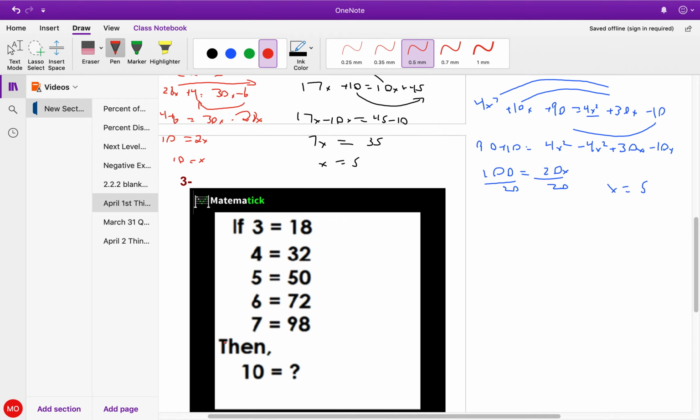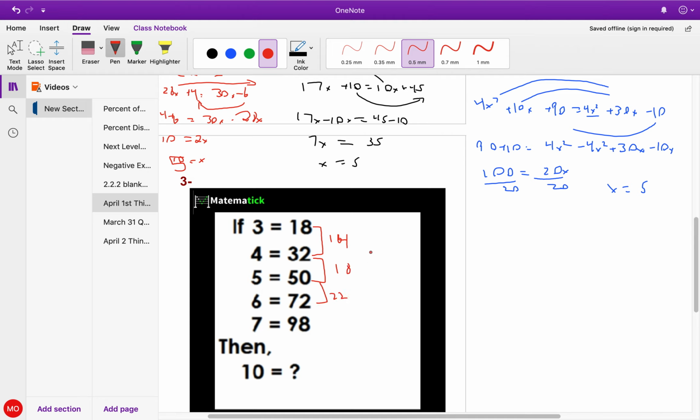So lastly, and you guys did a really good job on this, is this one here. X equals 5 here. Why did I write 10? 5. Now a lot of you took a look at the difference here. You said, okay, the difference between this one and this one is 14. And you took a look at the difference between this one and this one was 18. And the difference between this one and this one was 22.